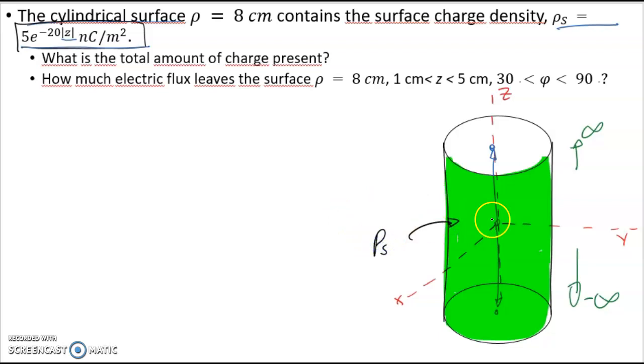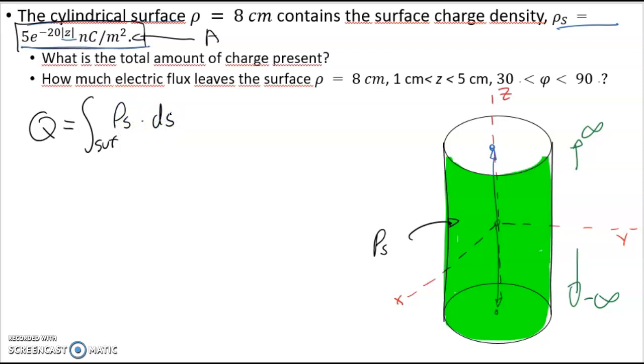If we want to know the total charge of this, we should multiply it by an amount of area to eliminate these square meters, or we apply an integration. So the total charge is going to be a surface integration of rho s dS.